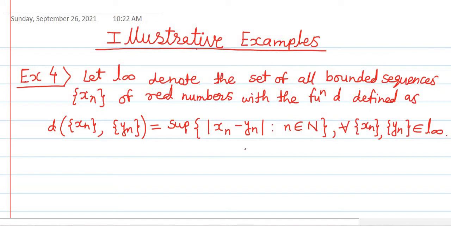So then this L infinity is a metric space with d as the metric. Therefore we can say that (L infinity, d) is a metric space.